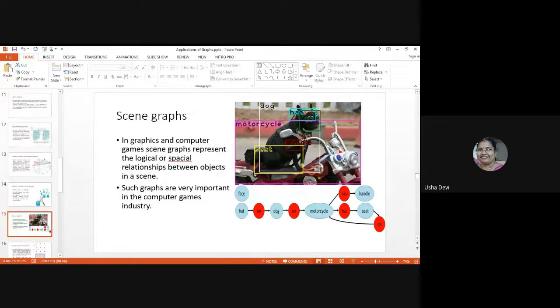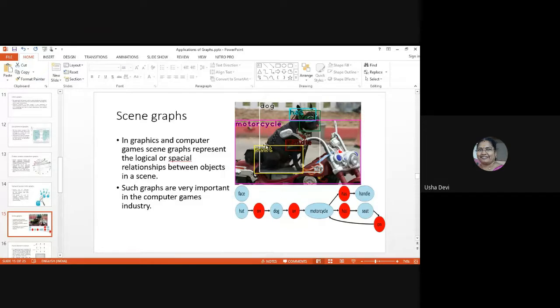Different components are available, and all those things represent either a logical or a spatial relationship among the objects. That comes under a scene graph. We have so many objects. What are the objects here? Maybe a motorcycle, seat, hat, this animal, a dog. All those are components, and those components will be treated as objects here.